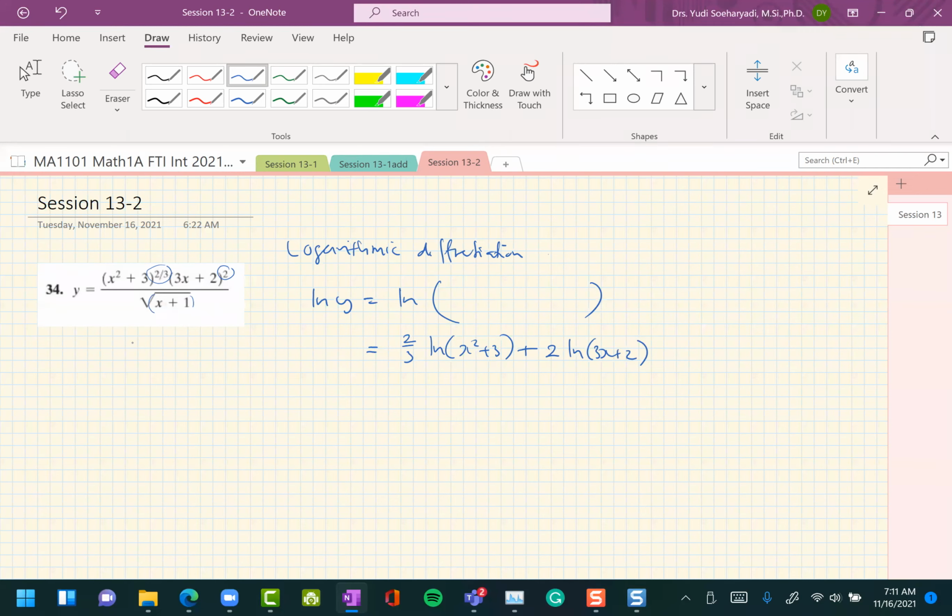You have a quotient, so you have a difference, minus, that's exponent 1/2 because that's the square root, ln of x plus 1. All right, is that clear? It's clear.